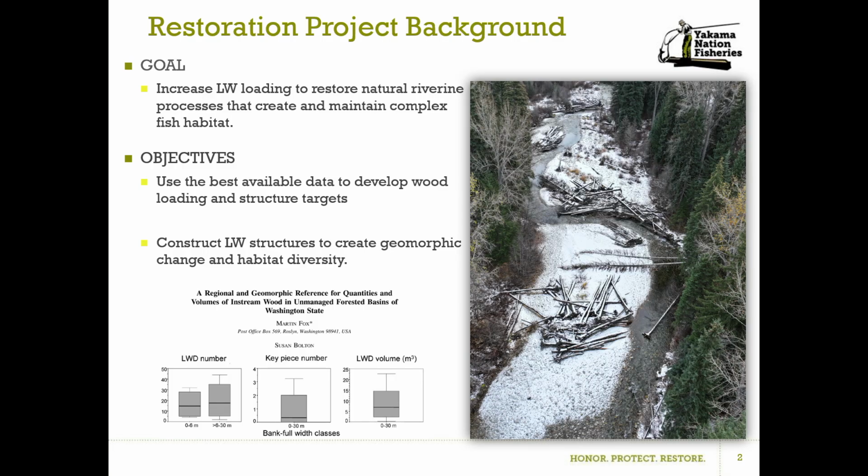We wanted to use the best available data, so we started looking at the Fox and Bolton research in unmanaged watersheds in Washington State and took the key piece numbers and recommended restoration volumes to use for our quantities that we put into the Twisp River here.